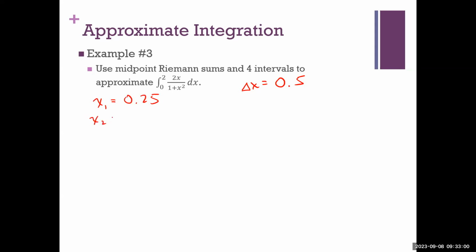Where's the next one going to be? 0.75. So the delta X not only tells you how big your subintervals are, it also tells you the consistent spacing between your sample points. Do we agree that those are my 4 sample points?